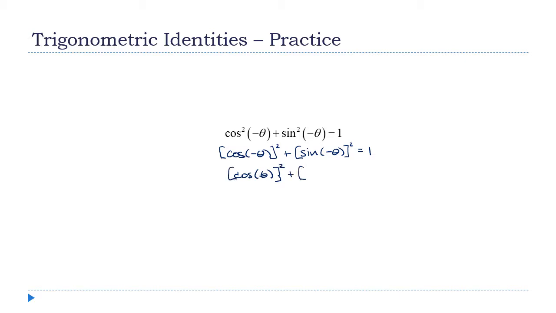Plus, the sine of negative theta is negative sine theta, squared, equals 1. So this first part is just cosine squared theta. Plus, look at what happens here. Minus sine theta, squared. A negative number squared is a positive number. So this is just sine squared theta. And yes, that equals 1. That's what I was trying to show.